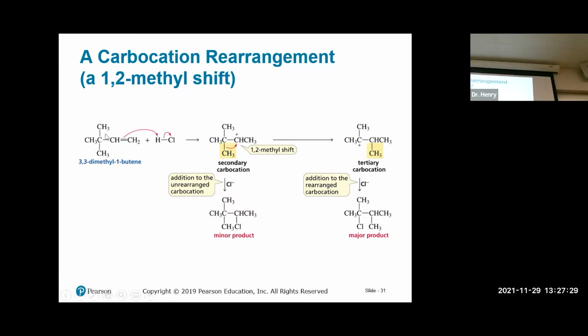So we get chloride forming. The hydrogen is going to be added on to the terminal carbon, the easier one to add on to. So then this intermediate is going to form. This methyl group is then going to be transferred, or rearranged, to that carbon.